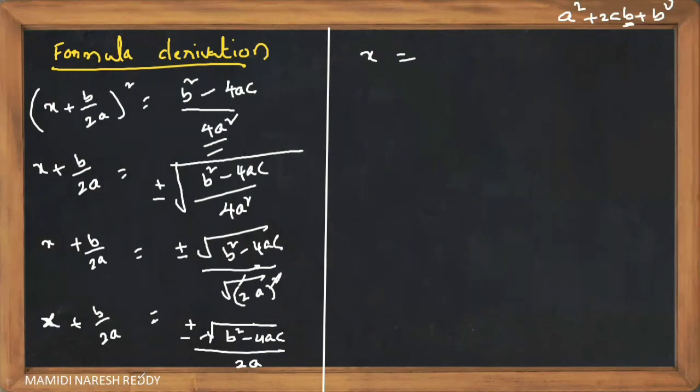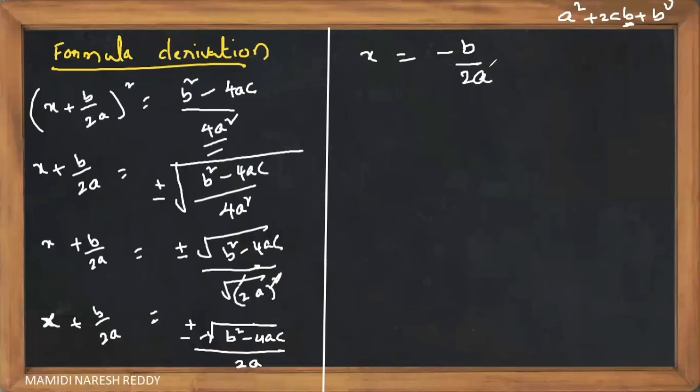What does it become, Bhavasri? This b by 2a sent to that side, what does it become? Sir, minus b by 2a. Yes, very good.